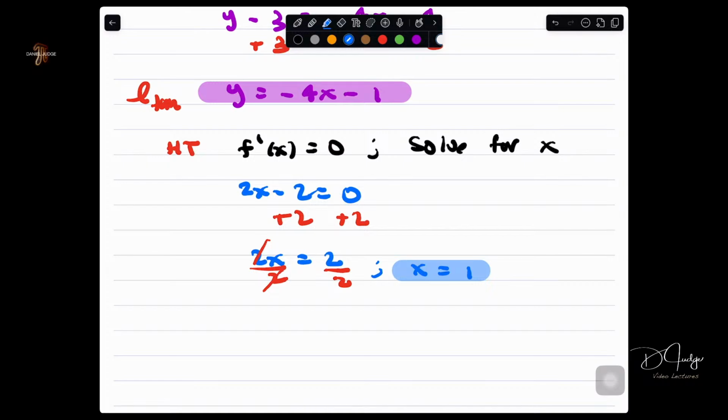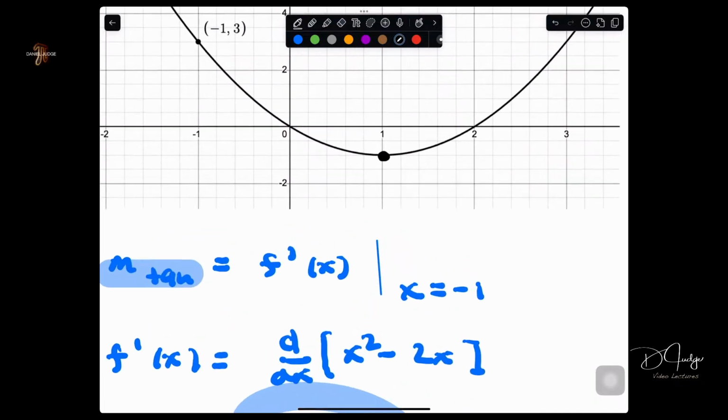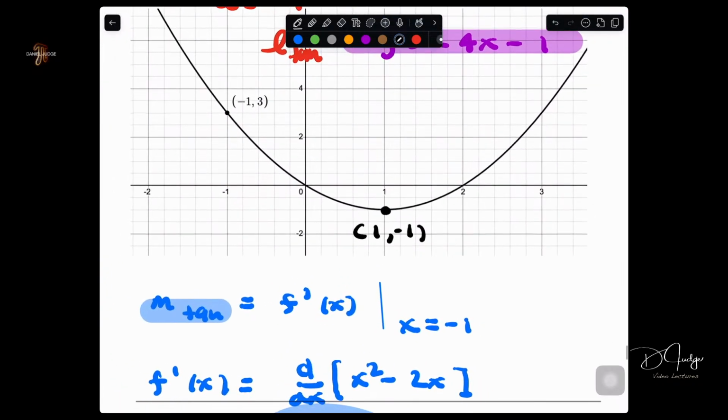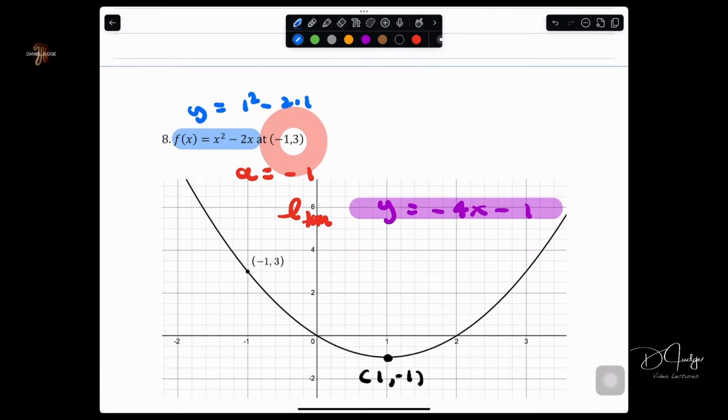That's only part of the story. This is the location of a horizontal tangent here at x is 1. So if I said to you, well, where's that location? This is where x is 1. So the x coordinate is 1. We need the y coordinate. It looks like the y coordinate is going to be -1 in this picture. But how I know for certain is I go back and I plug 1 here for that x. So y is going to be 1 squared minus 2 times 1, which means 1 minus 2, or it just simply equals -1.